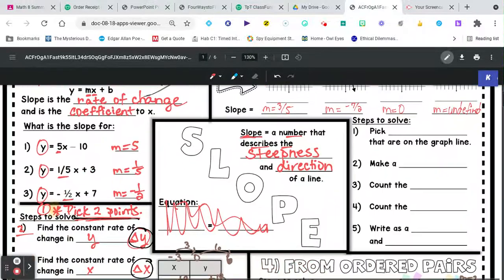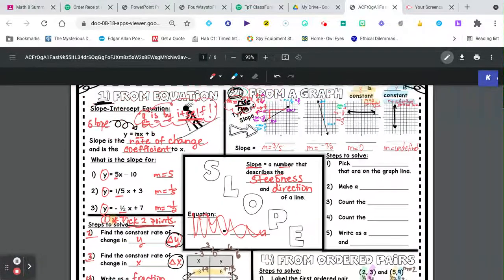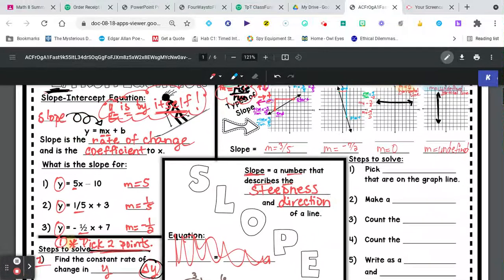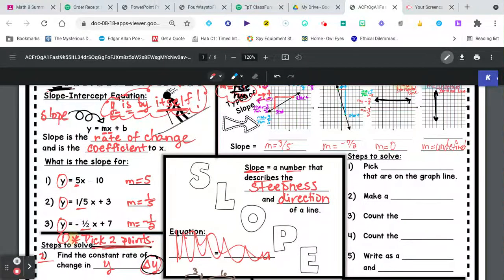Okay, and I realized I forgot to fill this in. So for a graph, this is what you should have had on this first page. The first thing you should have done is pick 2 points that are on the graph, okay?